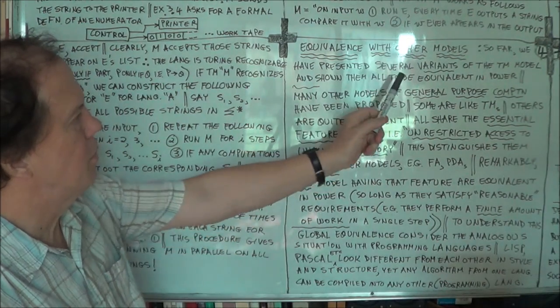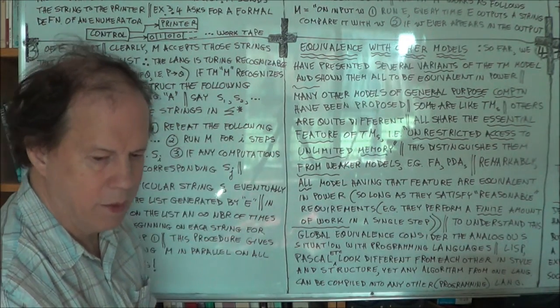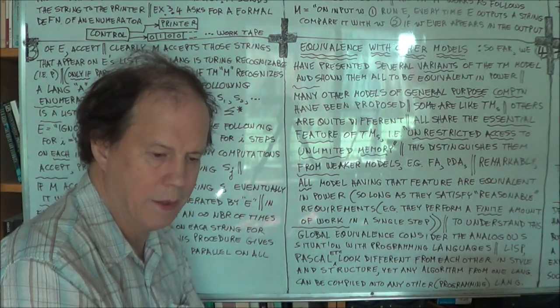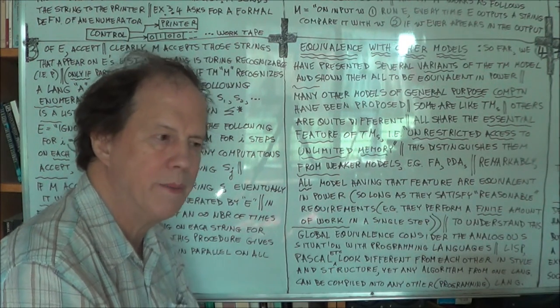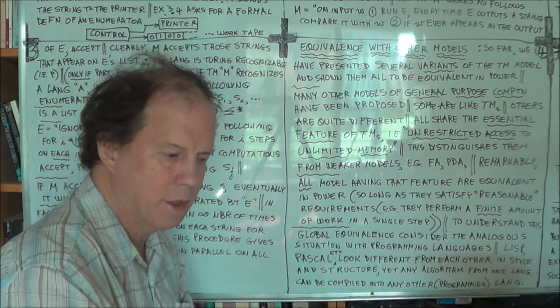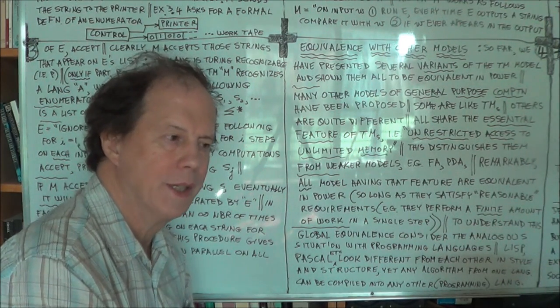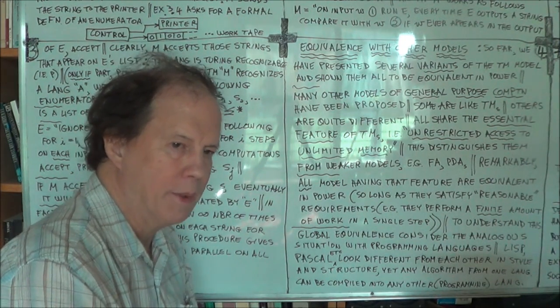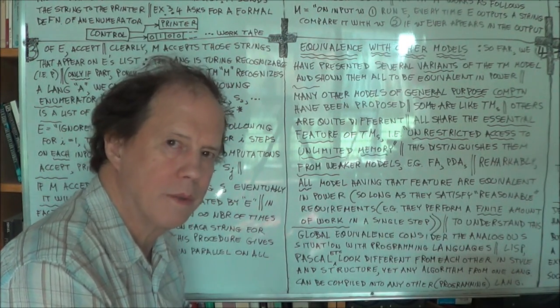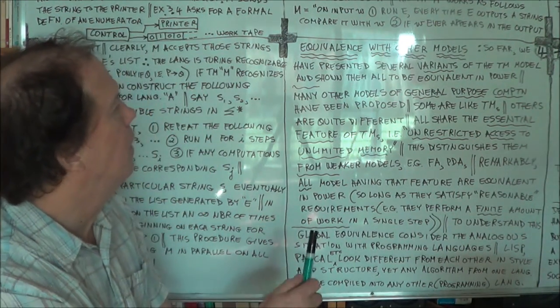Now, these variants we've had, they're models, if you like, paper-and-pencil type models of computers that perform general computation, programmable general purpose computers. Okay?